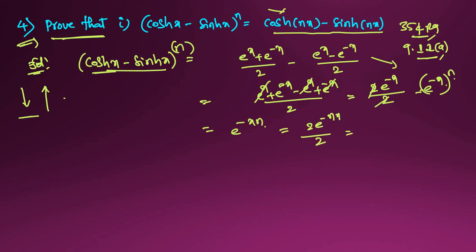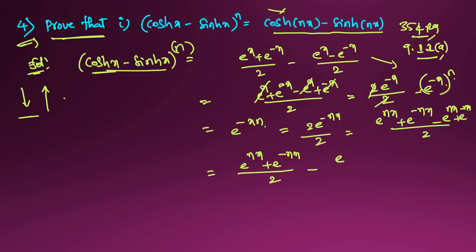After that I will expand this as e power of nx plus e power of minus nx, minus e power of nx minus e power of minus nx, divided by 2. I will separate these things here also, so these two things will come here.